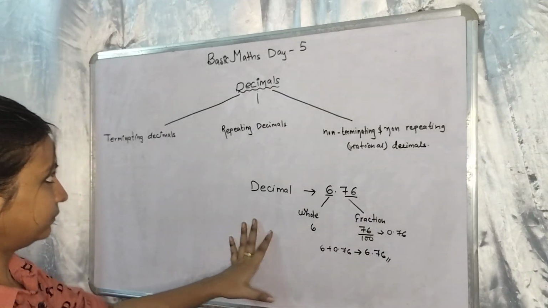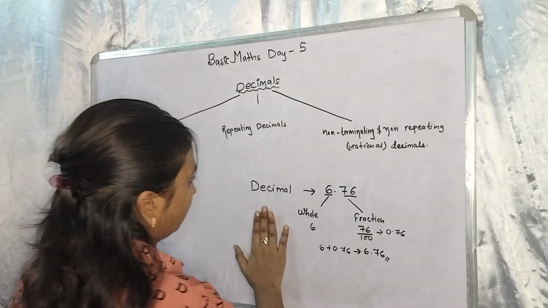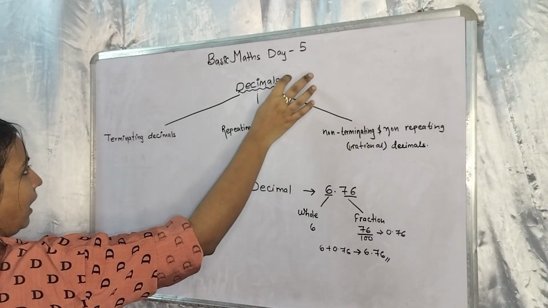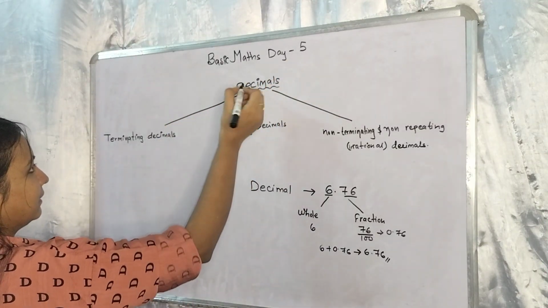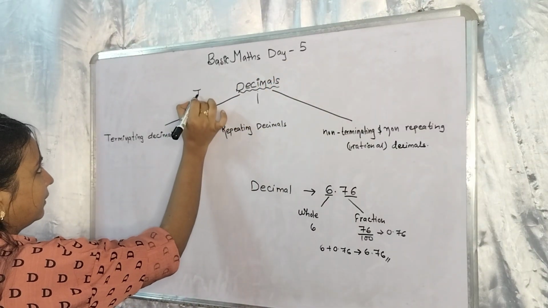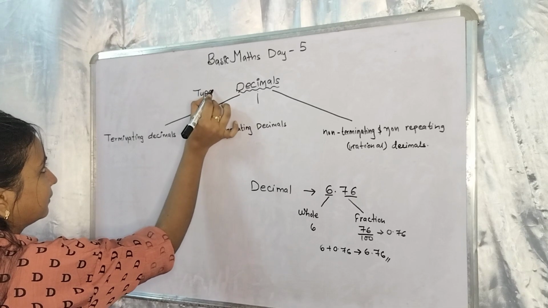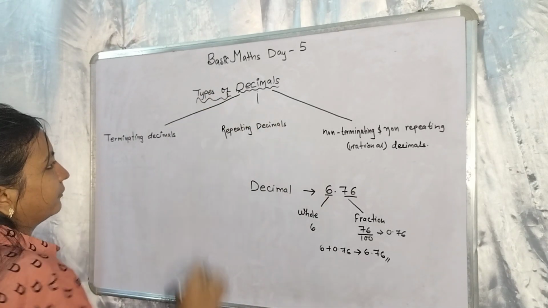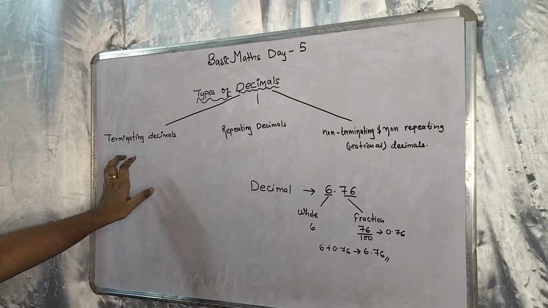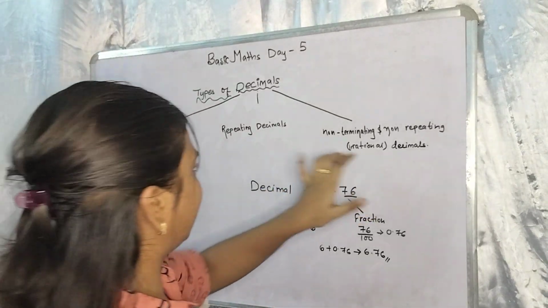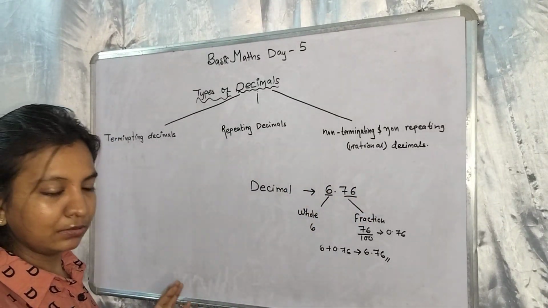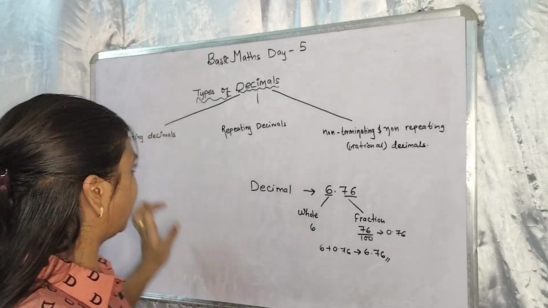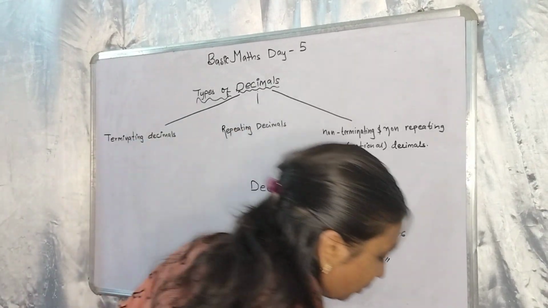Now, these are the types of decimal. There are a total of 3 types of decimal. Today we will study all 3 types, not in very big detail, but I will clear all your concepts.